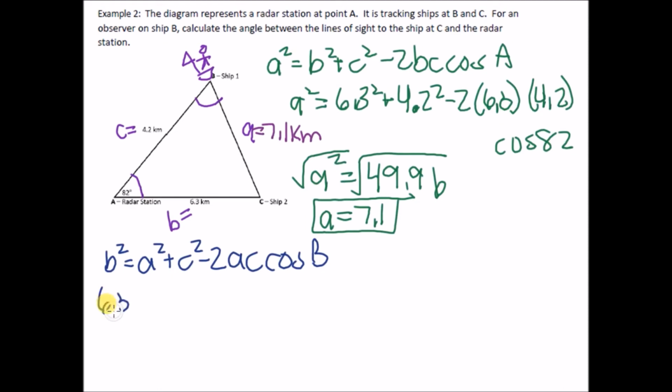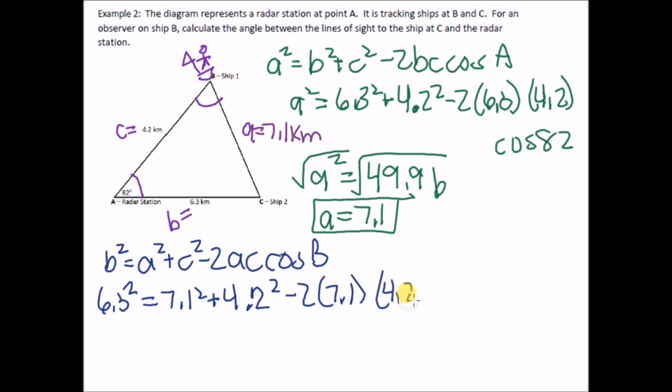Okay. B squared, 6.3 squared equals A squared, which is 7.1 squared, plus C squared, which is 4.2 squared, minus 2, 7.1, 4.2, cos, and then angle B we don't know.